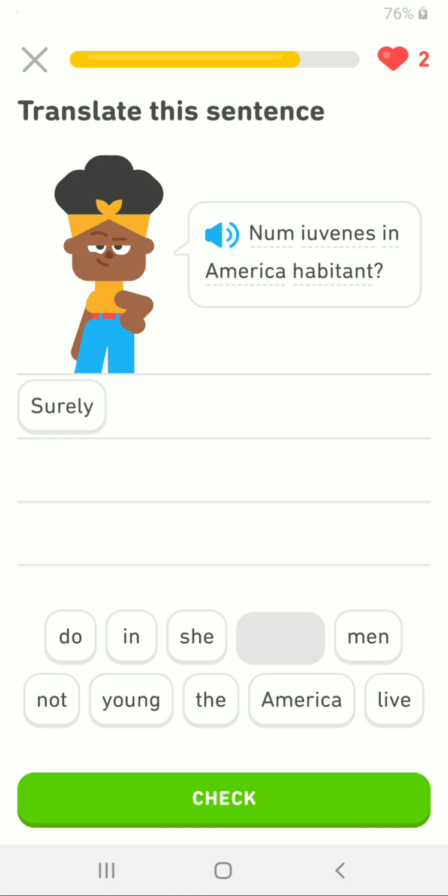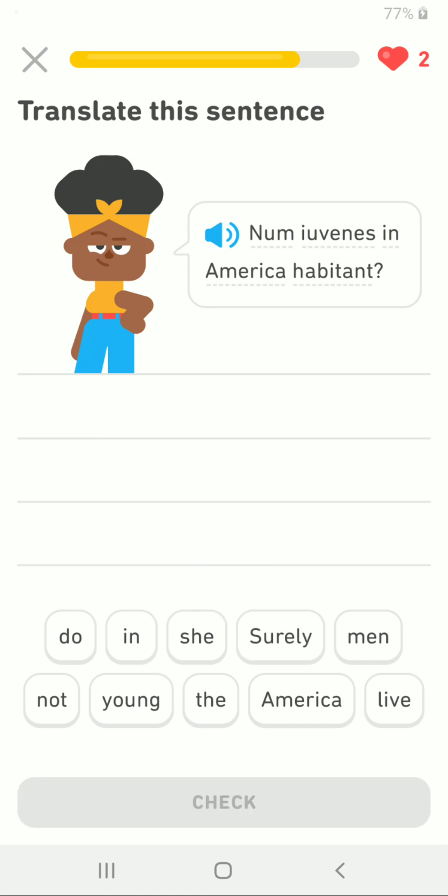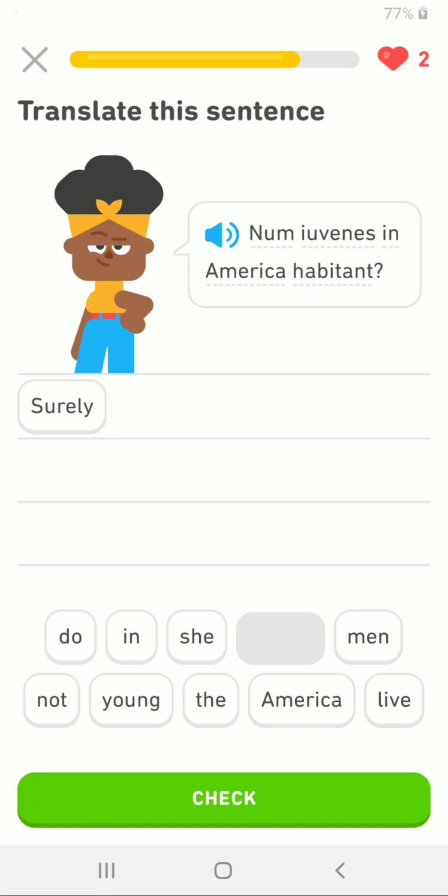So surely num in surely. So I don't know how to put this. Surely no young men, young men, surely young men leave. Surely not.